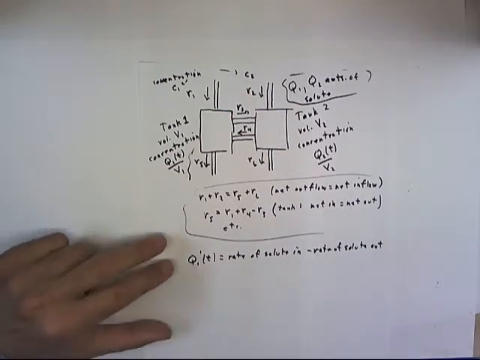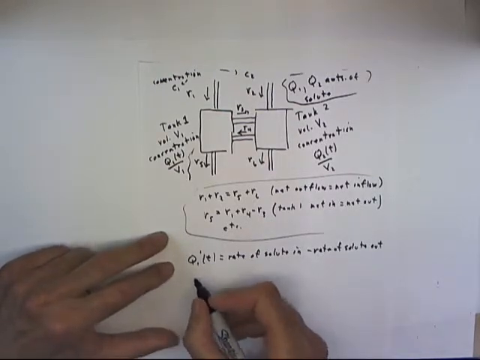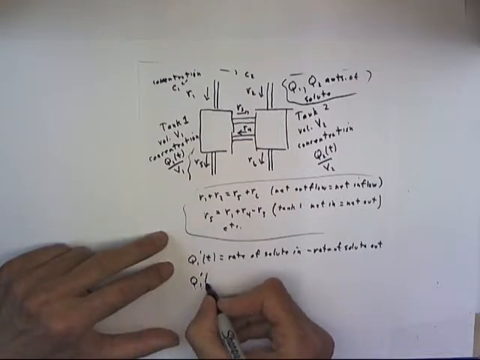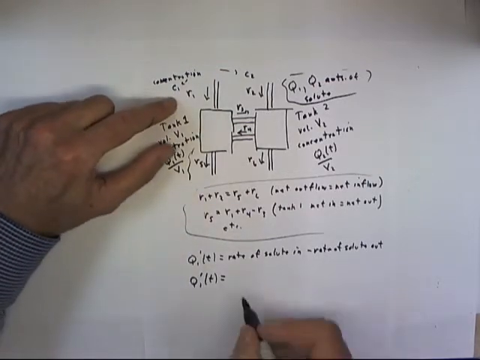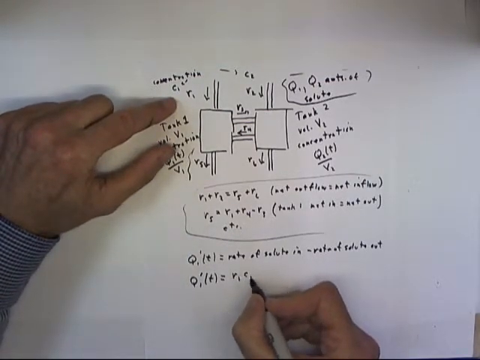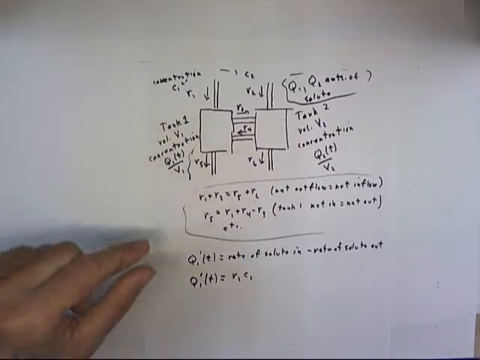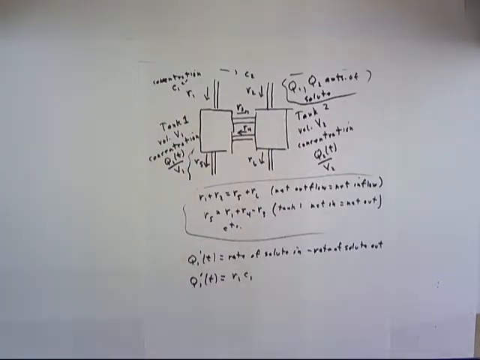And let's just look at Q1 prime of T and see what that would be. At what rate is solute coming in? Well, that's going to be R1C1.